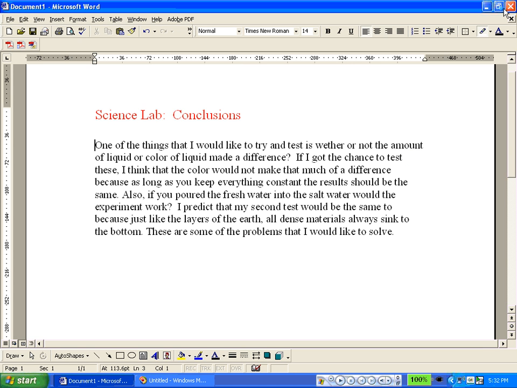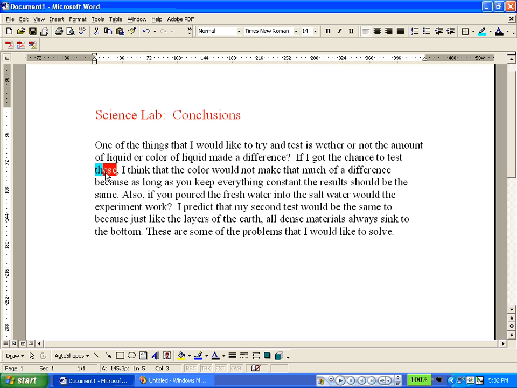Okay, a couple of other small revisions need to be made in here. First of all, when we moved our sentences around, it became important for us to change this word. Originally, using these made sense because we were talking about two different experiments. Now, we're really only talking about the first question.